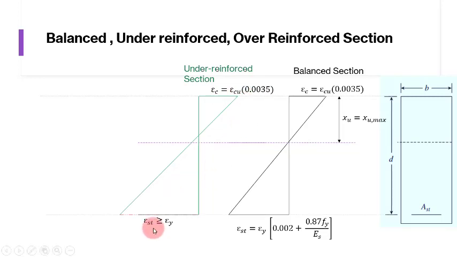However, a slight increase in the load will cause the steel to yield and elongate significantly without any significant increase in stress. The marked increase in tensile strain causes the neutral axis to shift upwards, thus tending to reduce the area of concrete under compression.